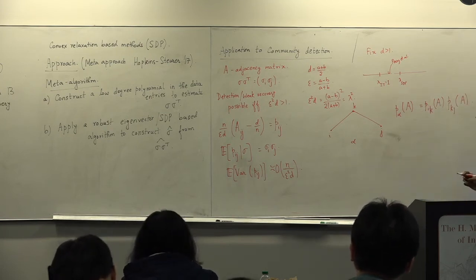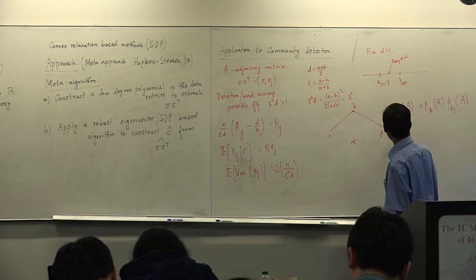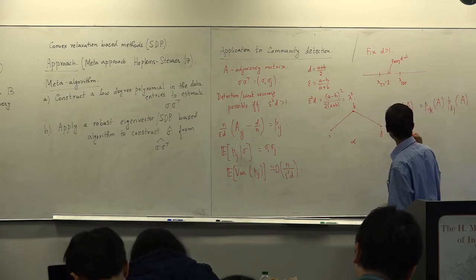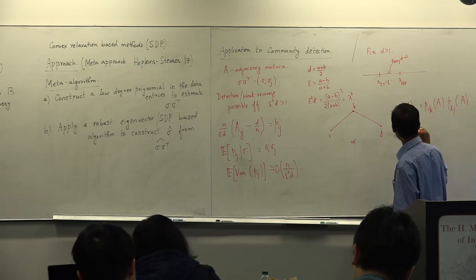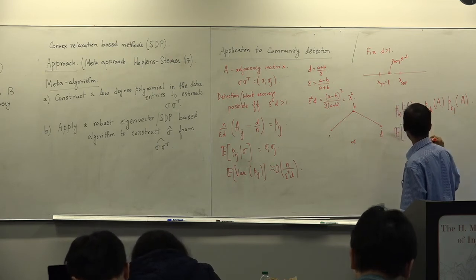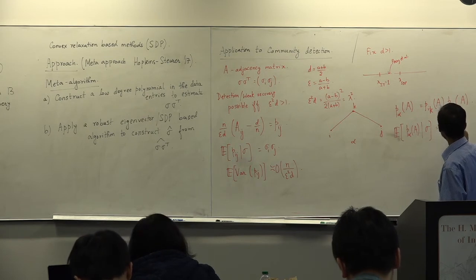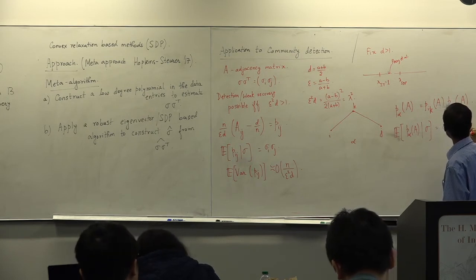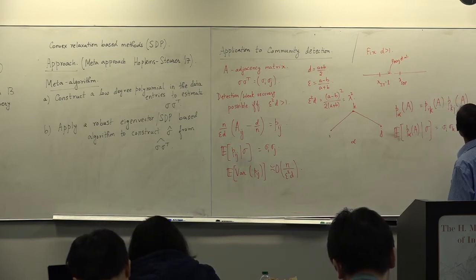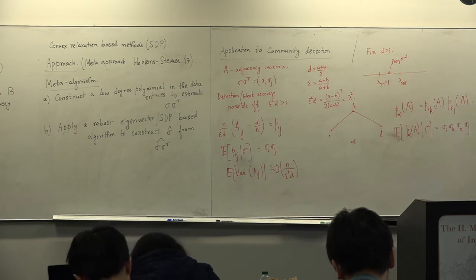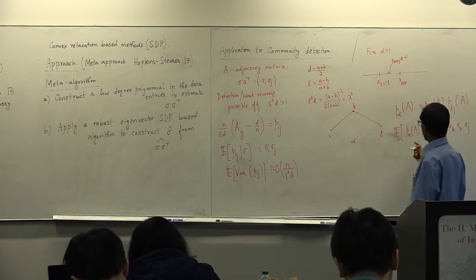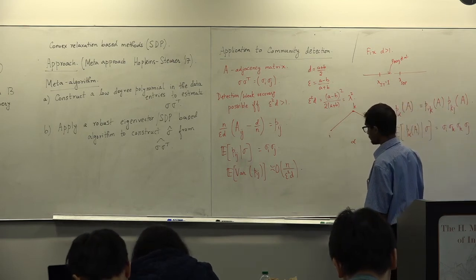Okay, and if I calculate the expectation of P alpha of A given sigma, this will just turn out to be sigma i, sigma k, and then sigma k, sigma j. So this is still sigma i, sigma j. So in terms of expectation, it's good.